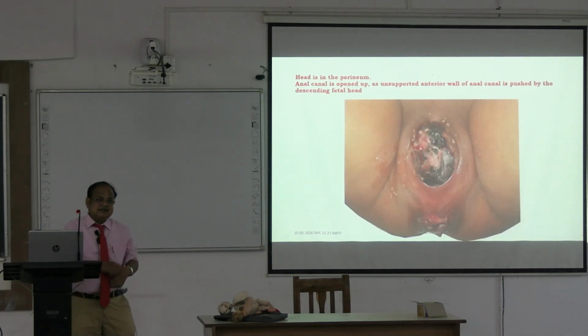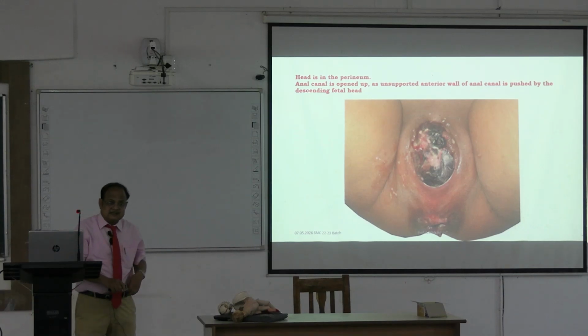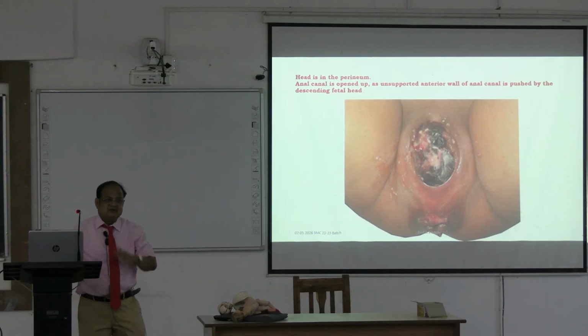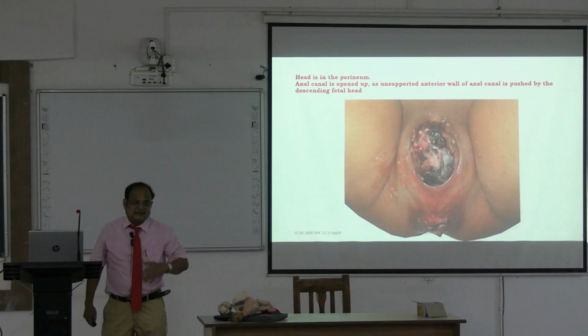Clinically, you see the perineum becomes stretched and thin, and the urethra is not visible. Normally the urethra is visible, but it is not visible almost at the end of the second stage, just before crowning. And the anal canal is gaping. Why is the anal canal gaping?